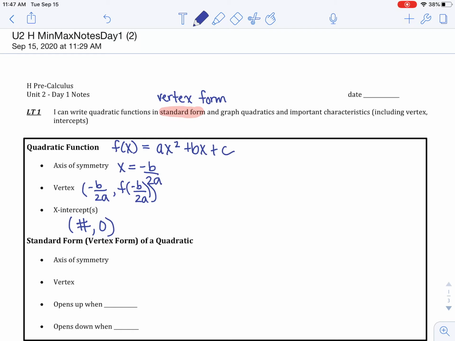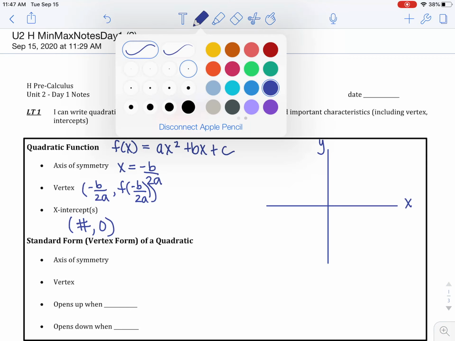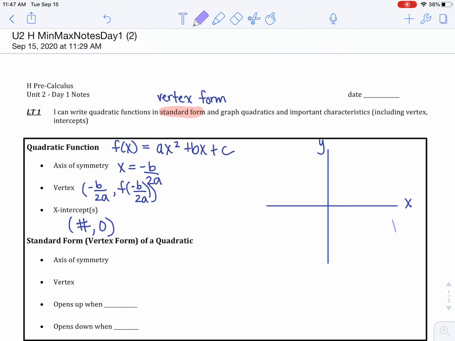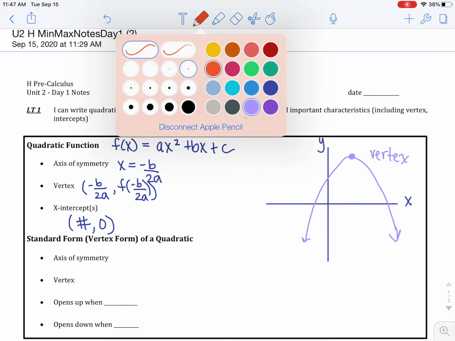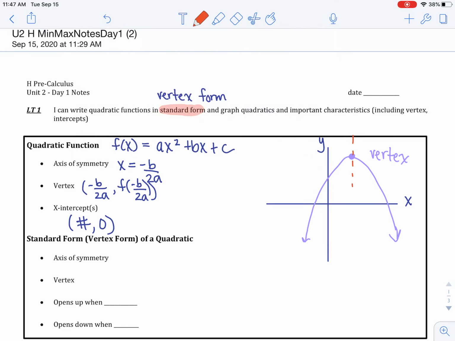So I am going to do a nice sketch and then label the important information so we remember. Let's just do those as my axes. I'm going to make mine open down. So that will be my vertex. I'm going to cut it down the middle.